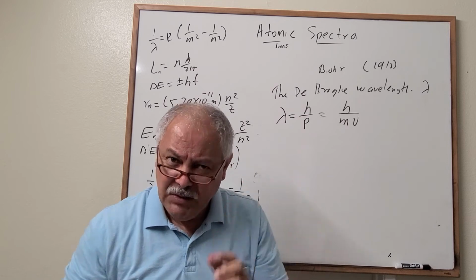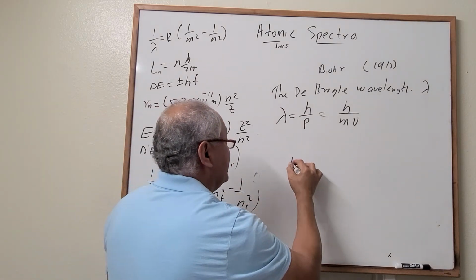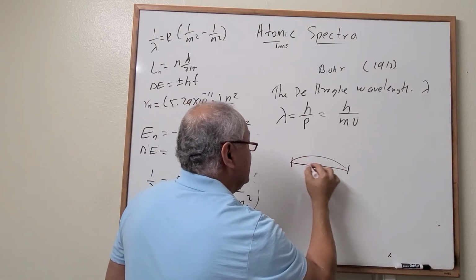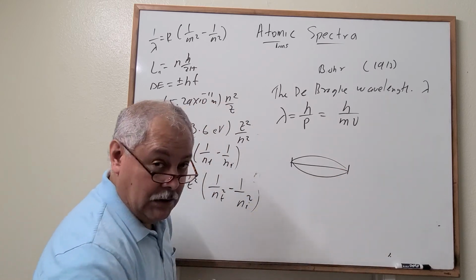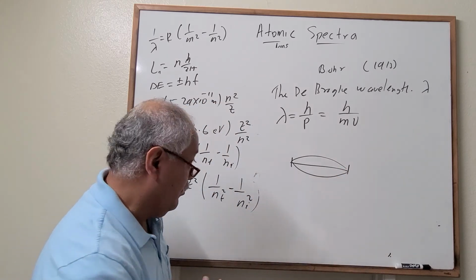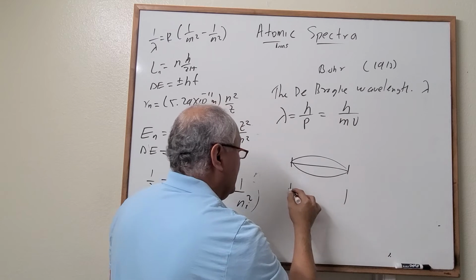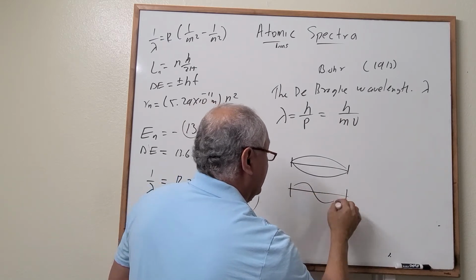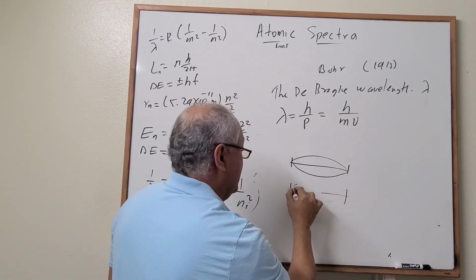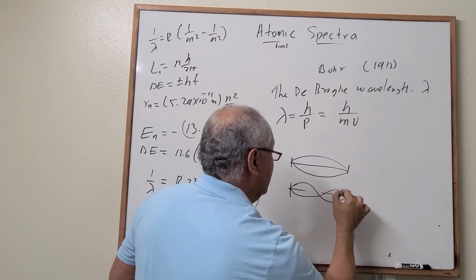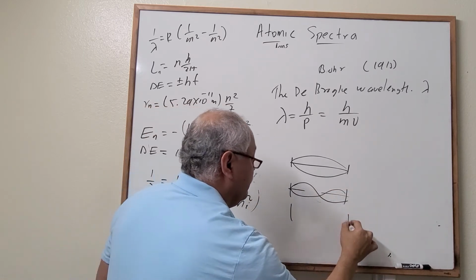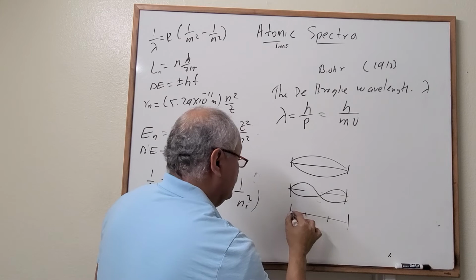Let's see what happens with standing waves, for example, a string. This is the fundamental mode, correct? When we increase the frequency, we get this pattern. If we increase the frequency, now we have 3 loops.